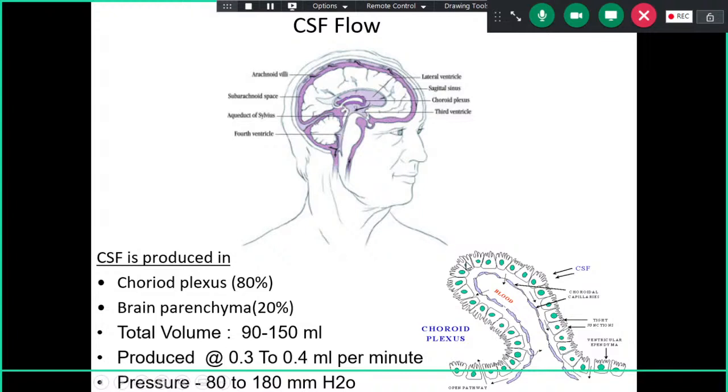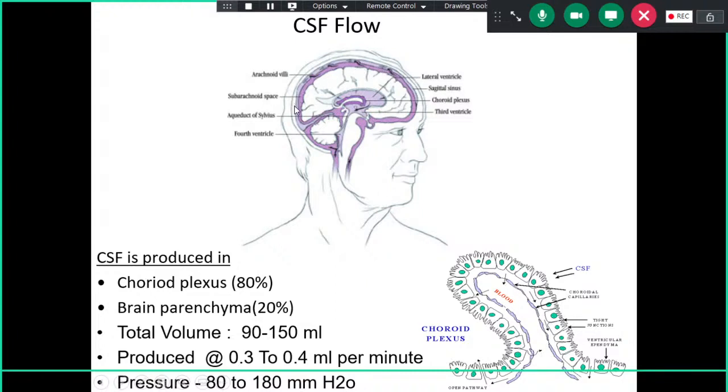Inside the ventricle you have the choroid plexus, and in the choroid plexus you have the ependymal cells, which are responsible for 80% of the production of the CSF. The rest of the 20% of the CSF is actually produced by the brain parenchyma, and this will come into circulation through the interstitial fluid passage that we are going to discuss in a little while.